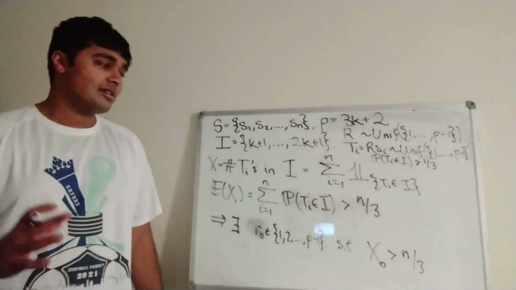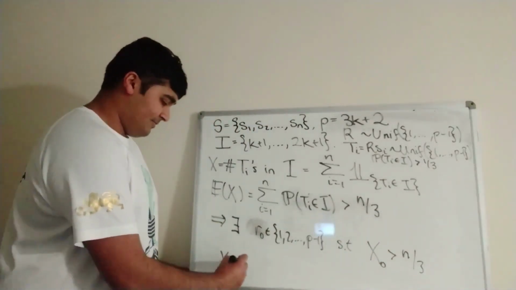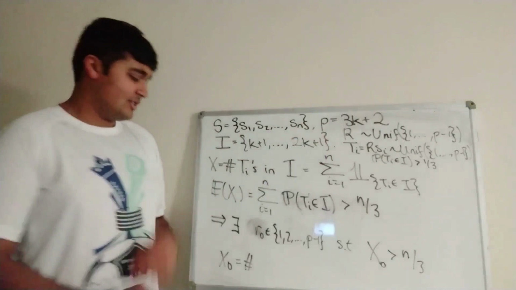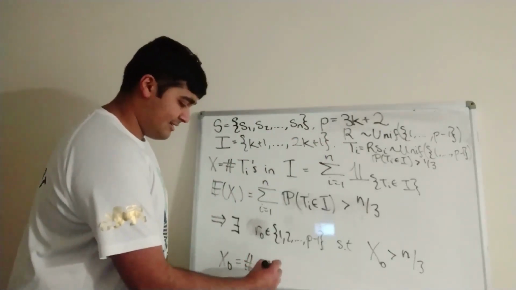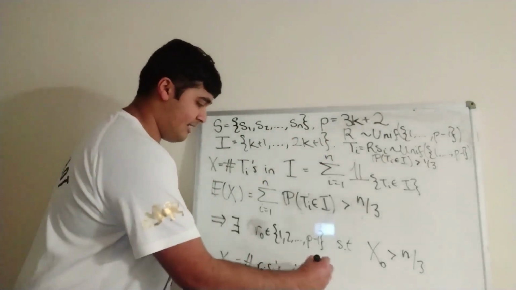So x0 here is not a random variable. It is simply the number of t_i's, which is r0 times s_i, that are in I.